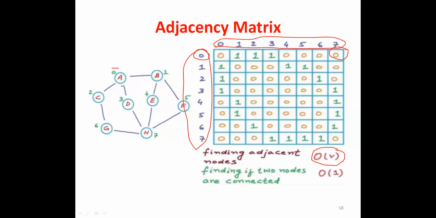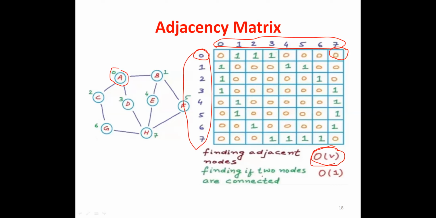For the 0th vertex, to find who all the adjacent elements are, I have to search each and every cell, whether it is 1 or 0. In this way we'll find it. So what I'm trying to say is that the worst case to find the adjacent vertices of a particular node is order of V.